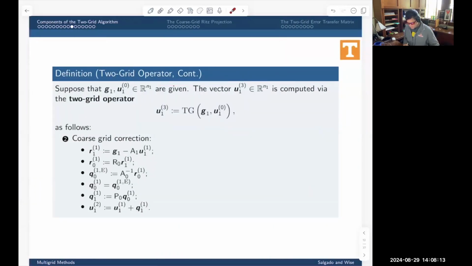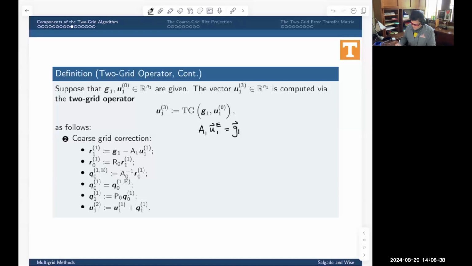What we're going to do for the stage 1 approximation is compute a residual involving that stage 1. Effectively, I'm really trying to solve this problem, UE1 equals G1. I called it G1 just because I can. Now suppose I have an approximation of that problem.